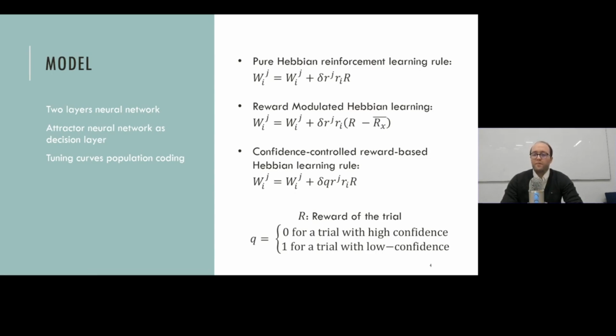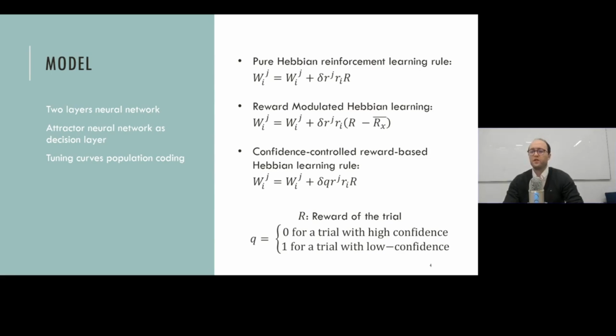I designed a third learning rule specifically for this project, which is a confidence control reward-based Hebbian learning rule, where the synaptic modification is the following. It depends on the pre and post synaptic firing rates and the reward R. However, the learning rate delta is modulated by the confidence in the network, with Q being 0 if the trial is a high confidence trial and 1 if the trial is a low confidence trial.